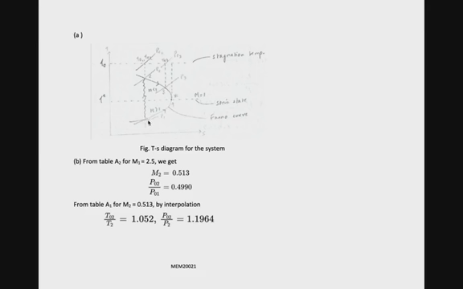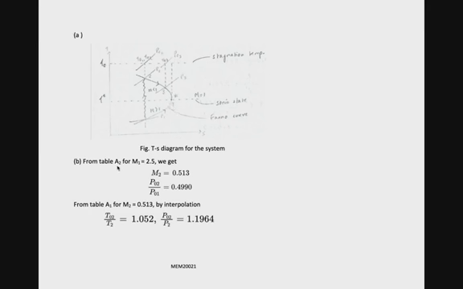This means the slope of the Fanno curve at point 1 is more than the isobar at point 1, so the slope of the isobar at point 1 is less than the slope of the Fanno curve at point 1. Similarly, this will be the stagnation pressure at point 2, this is the isobar curve for the stagnation pressure at point 3, and this is point 4.